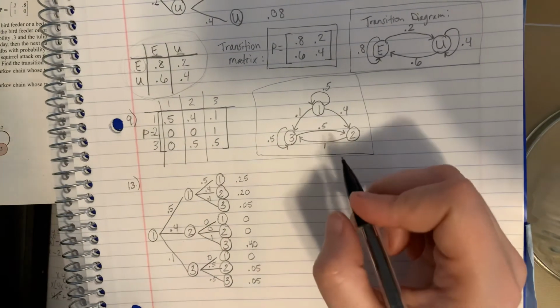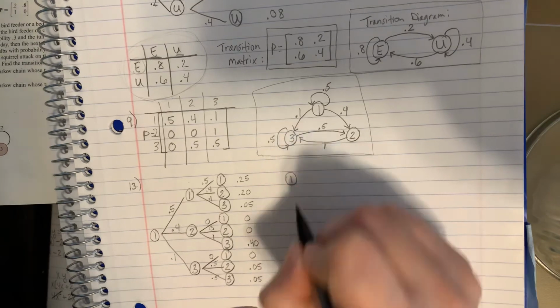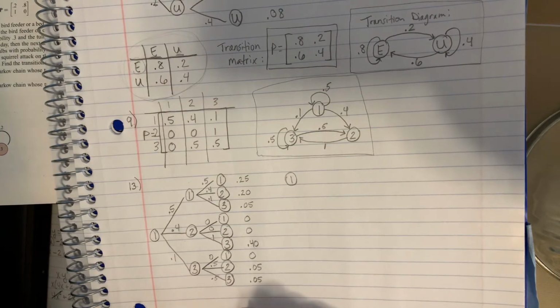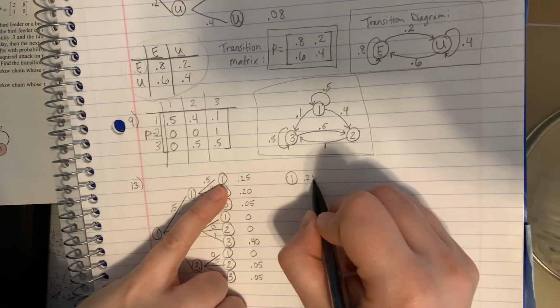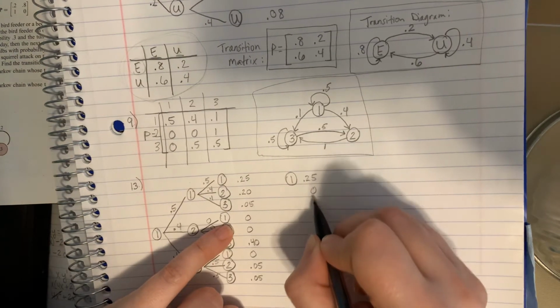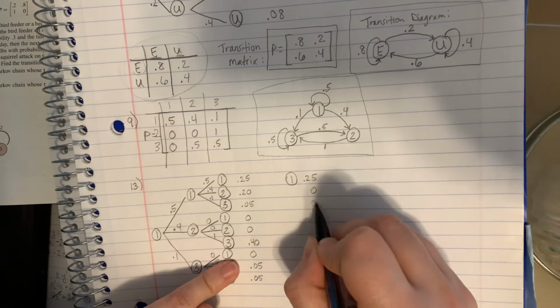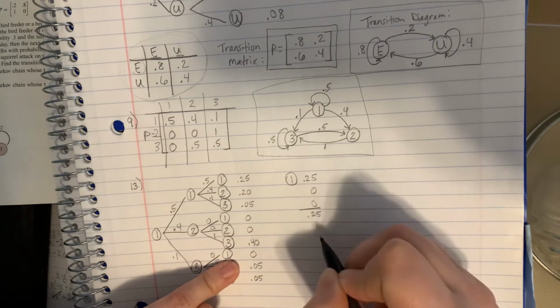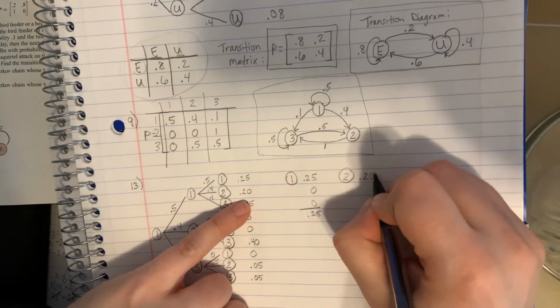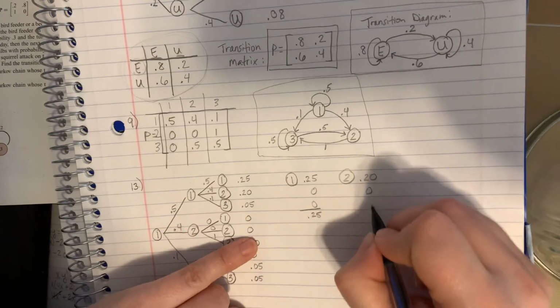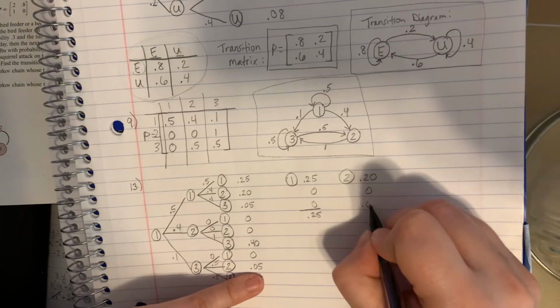All right, so for the probability of ending on state 1, this one was 0.25, this one was 0, and this one was 0. So 0.25 is the total. State 2 was 0.20, 0, and 0.05.